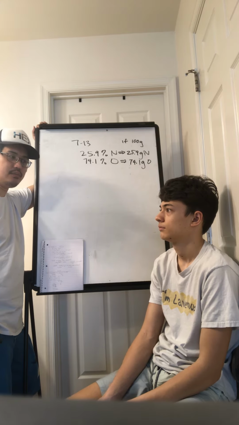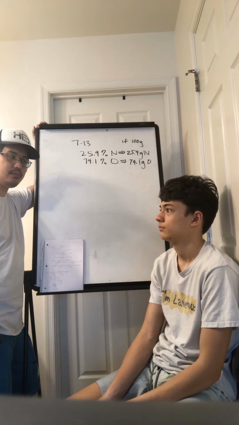I want 3 sig figs. All right, what's 25.9 divided by 14? 1.85, and this is moles of nitrogen. So if I had 100 grams, I would actually have 1.85 moles of nitrogen.